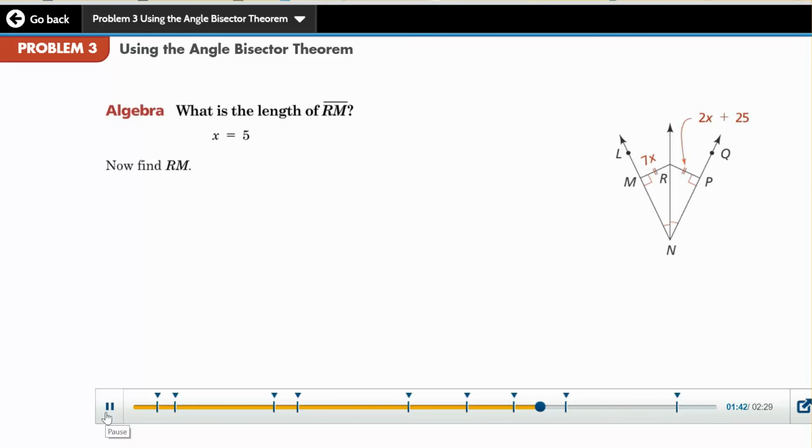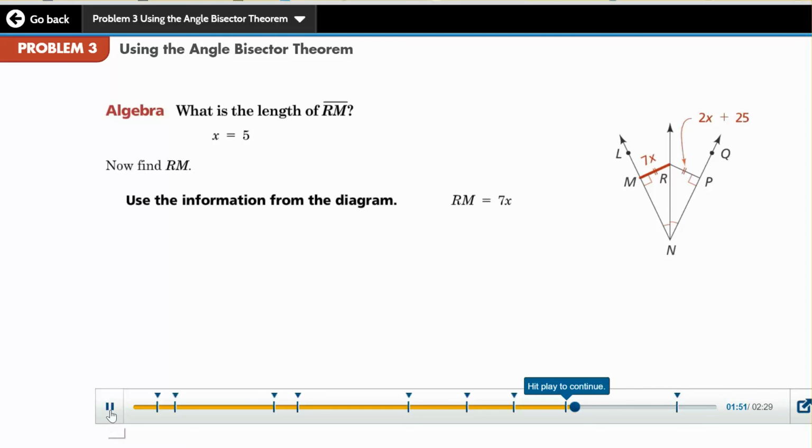Now find the length of segment RM. Use the information from the diagram. The length of segment RM equals 7 times x. Substitute 5 for x. Then simplify.